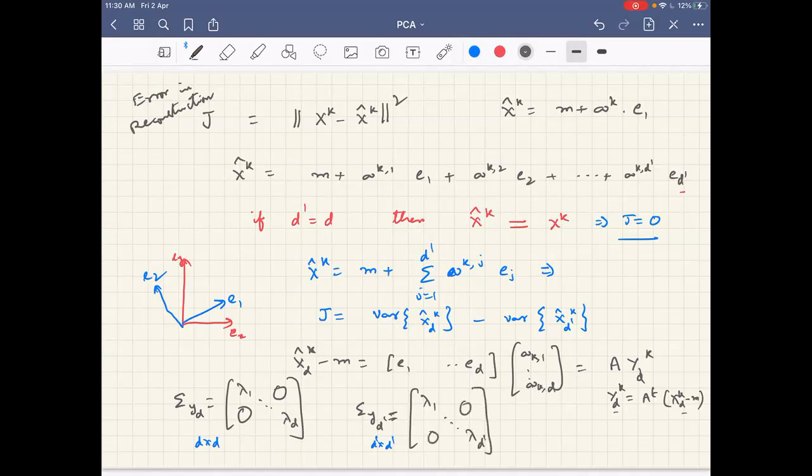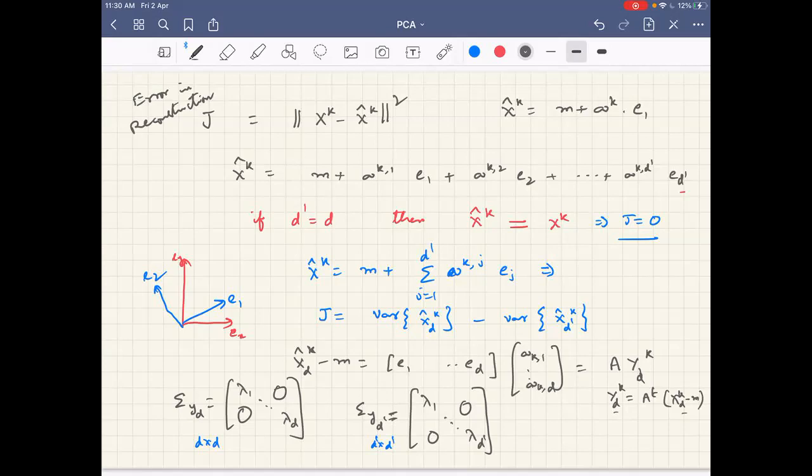Okay, however, when we see the variance of xd dash x, please note that here xd and xd dash are of the same dimensions, because the reconstructed samples will be of the same dimensions.